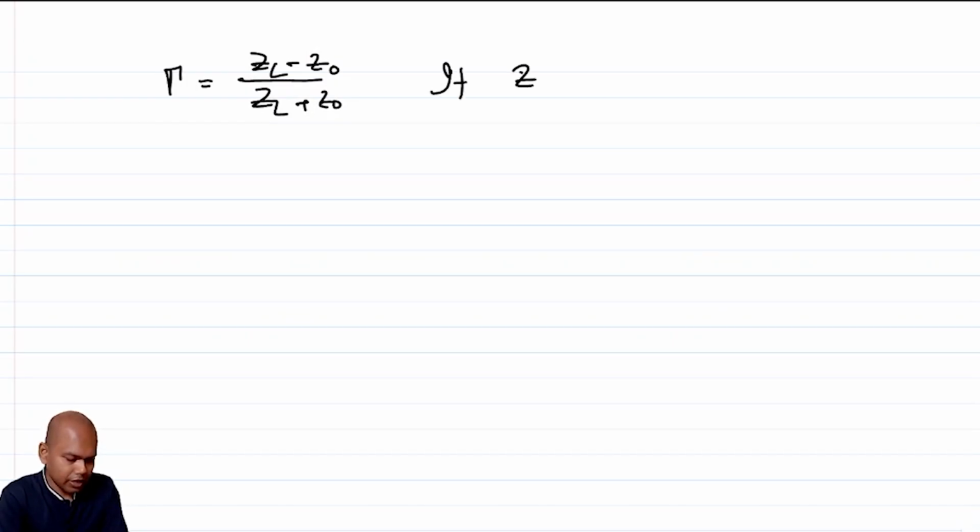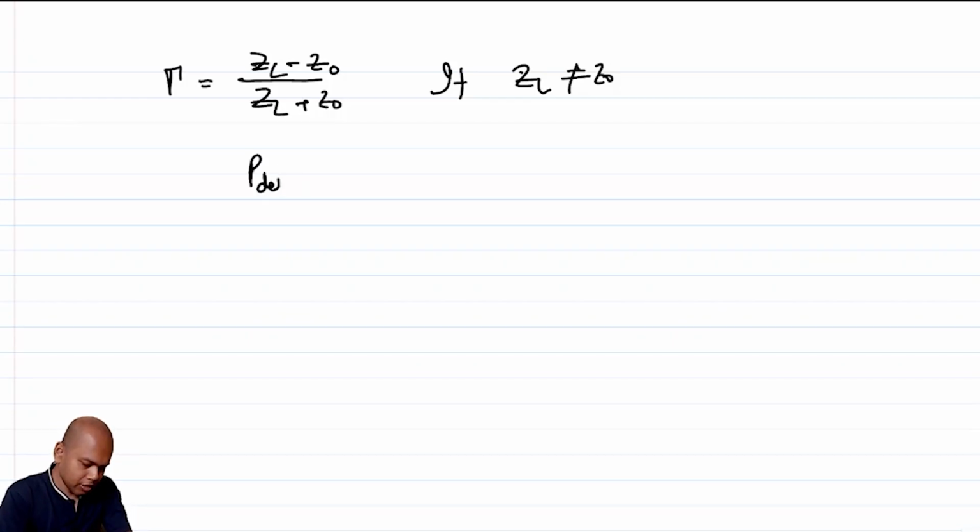So if ZL is not equal to Z0, we clearly know that we do not have a match. But how do I know what is a good match? Is ZL equal to Z0 plus 0.1 Z0 a good match? Or is ZL equal to Z0 plus 0.01 Z0 a good match? So people came up with some definitions of a good match, and the definition of the good match is again based on this.